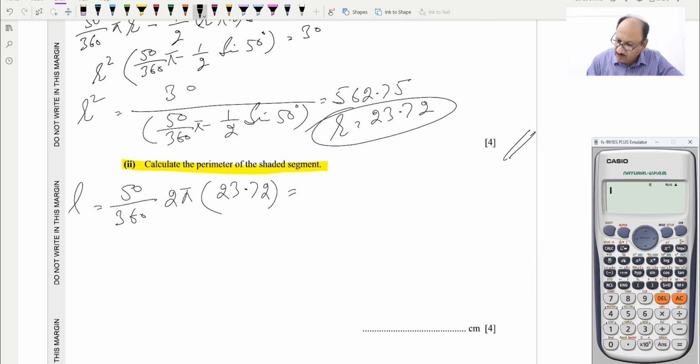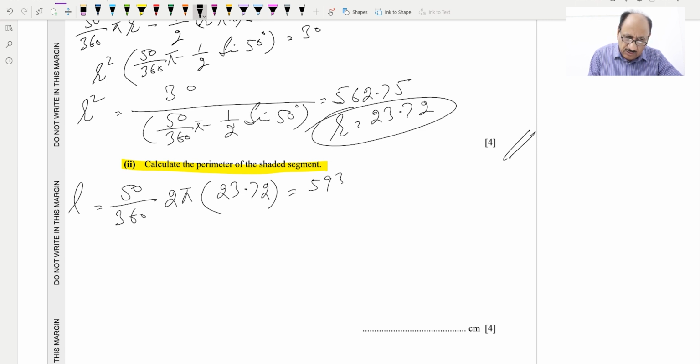This will be 50 over 360 into 2 pi and bracket 23.72, and this is equal to 593 over 90 pi. Now we need the AB length, so we can write AB over sine of 50.